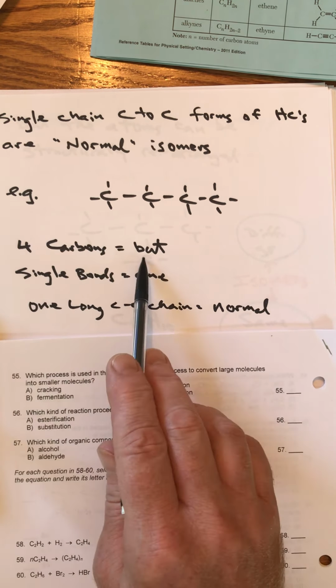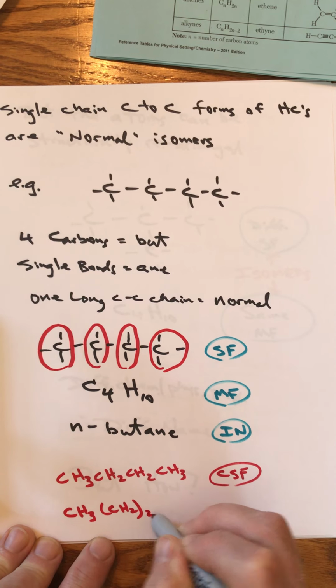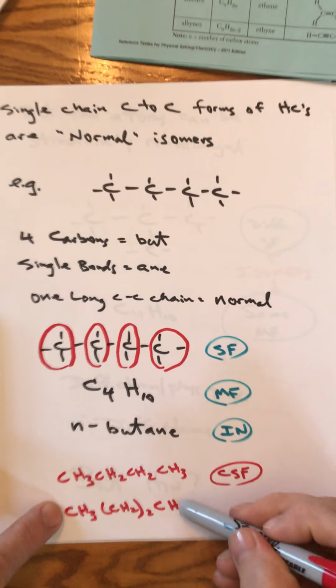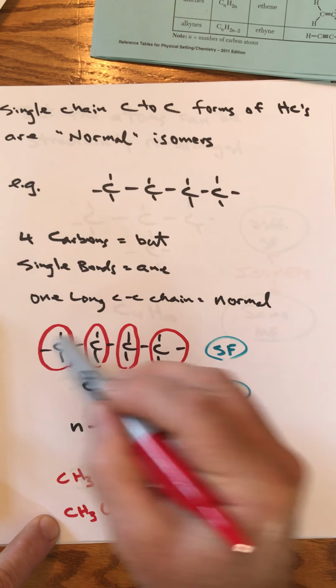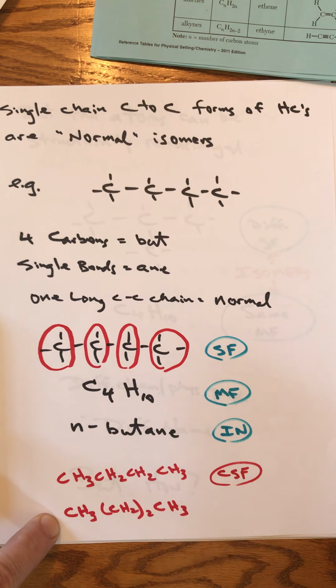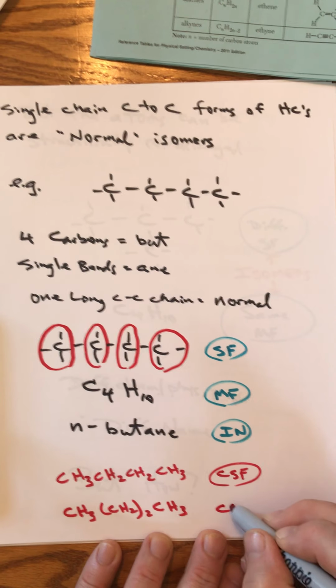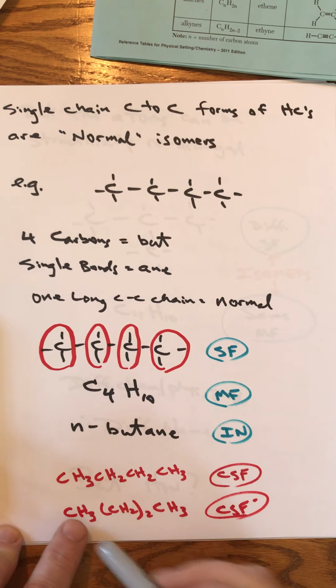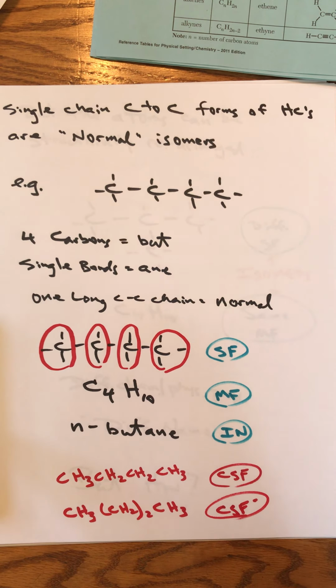I suppose you could condense that even further and say it's CH3, then CH2 taken twice, and then you've got CH3 again. But you can't condense these two together because they're not touching each other. This gives you an idea of how to build the condensed structural formula, how to build the structural formula. If you just said CH3 twice and CH2 twice, you could end up with alternatives that would not be acceptable.